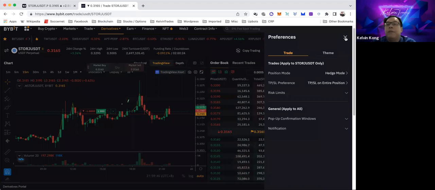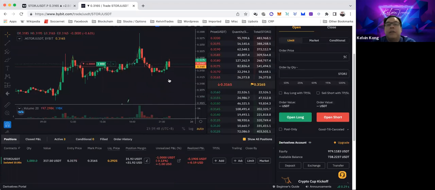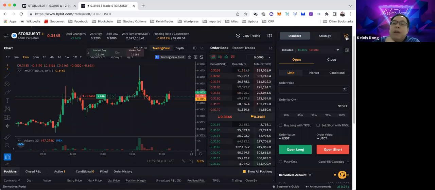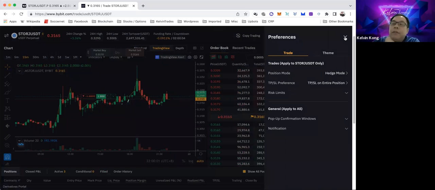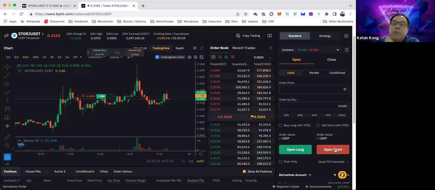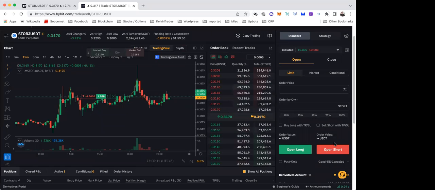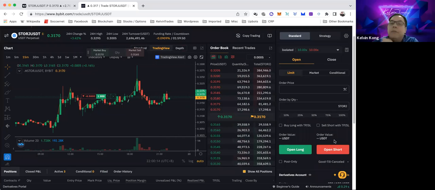So if you were to set a short, normally for a long order, if we want to set a stop loss, we open a short position. Am I right? But because we are in hedge mode, if you open a short position, you actually open another position. You get what I'm saying? Yes.